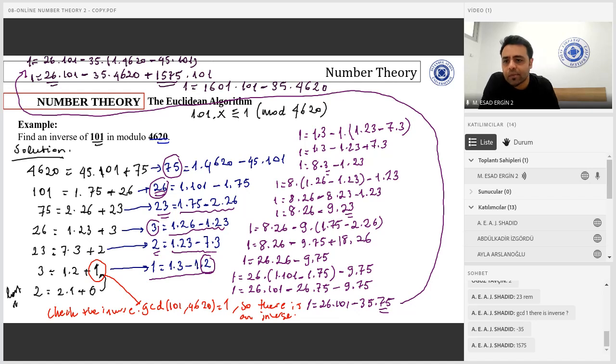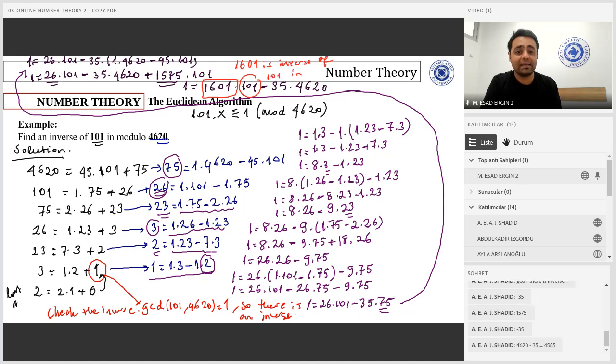So in this case, what is the inverse of 101 in modulo 4620, which is the coefficient of 101? 1601 is the inverse of 101 in modulo 4620. This is our result.